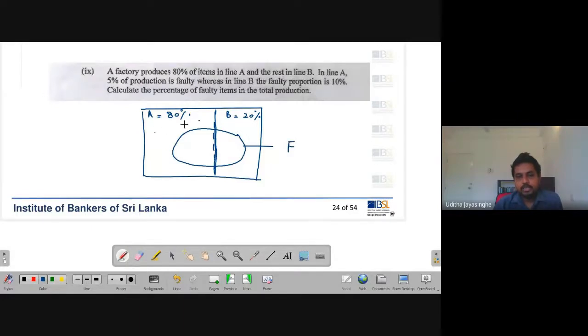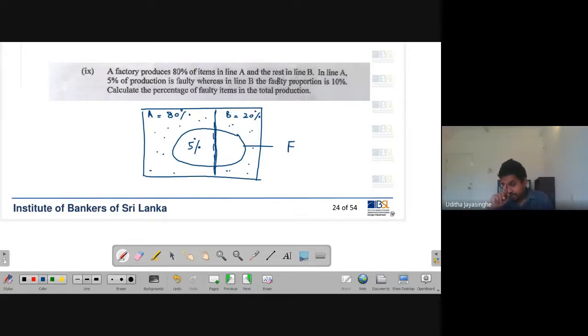So all these are the good items. The one in the ellipse or the circle are the faulty items.